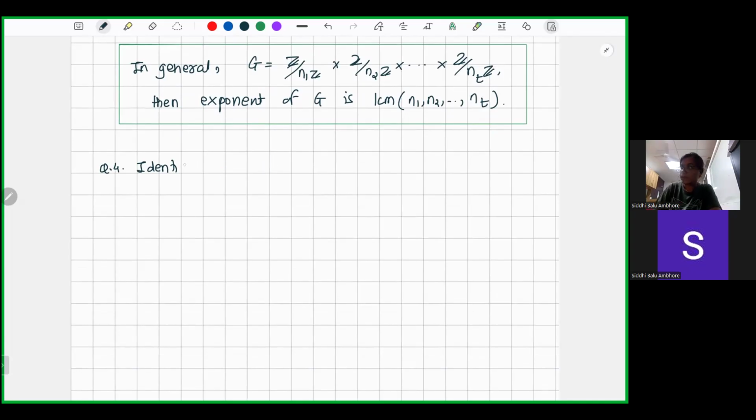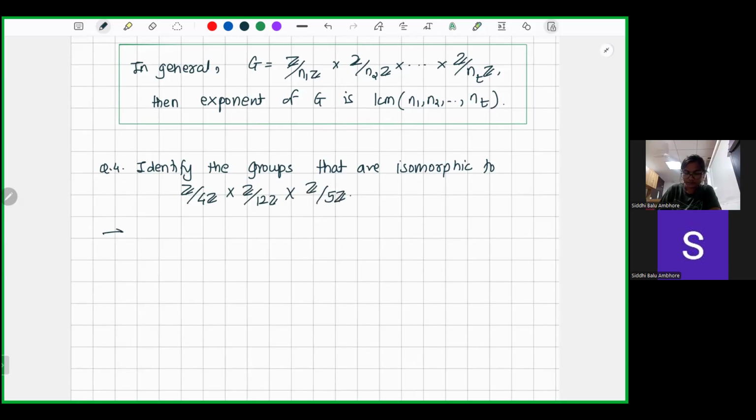Identify the groups that are isomorphic to Z4Z cross Z12Z cross Z5Z.